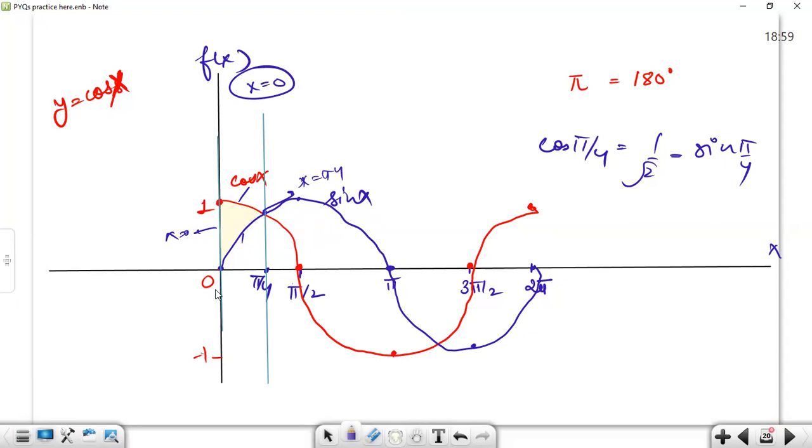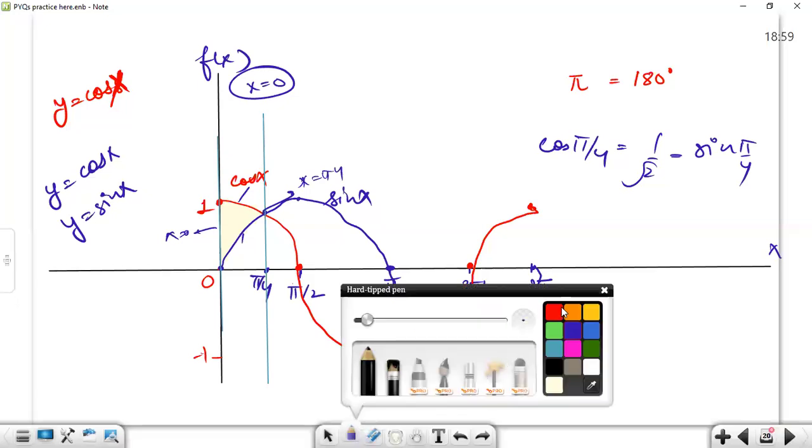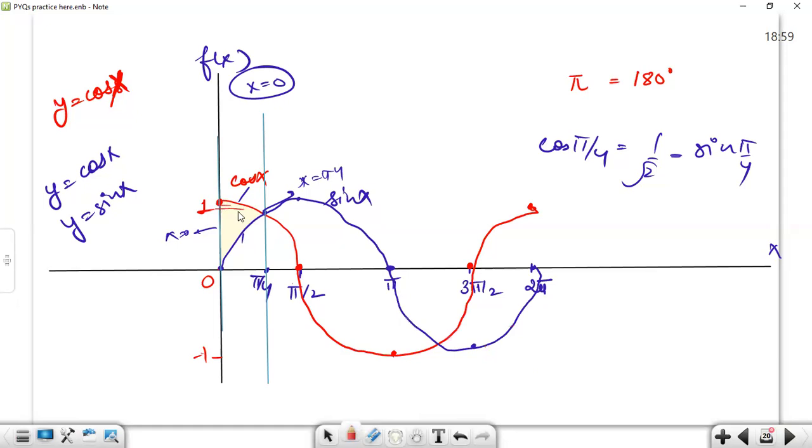If the area is touching the y-axis completely, it would be convenient to take the function in terms of y. The functions are y equals cos x and y equals sine x. First we find the area under the curve cos x, with y, till this point, pi by 4.